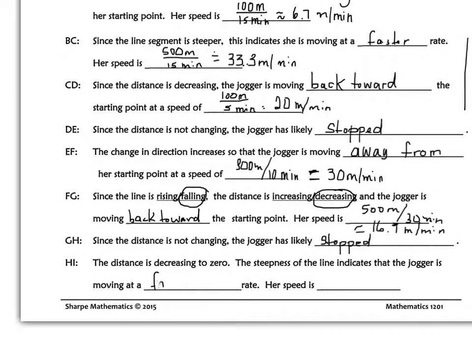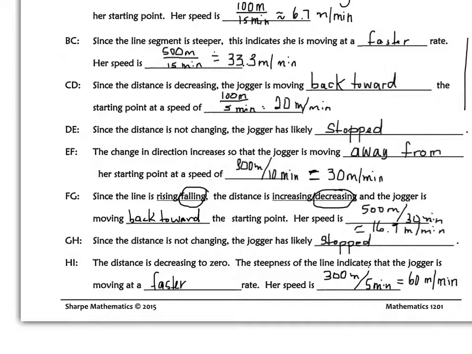So it's at a faster rate, and the speed is 300 meters over 5 minutes, which is 60 meters per minute.